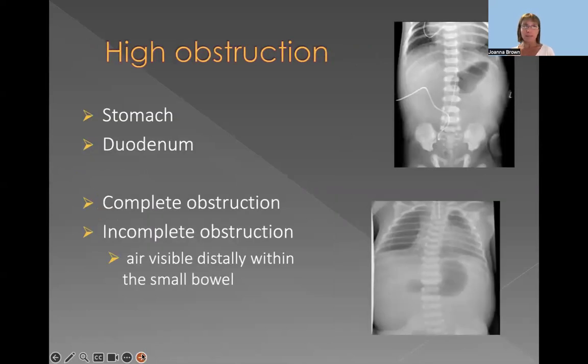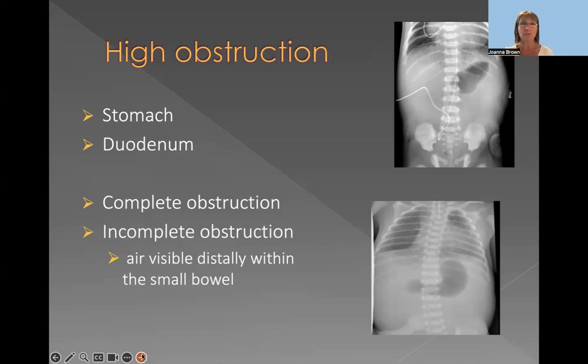So when we talk about the high obstruction, of course, the highest obstruction will be the esophageal obstruction, but very often this is a clinical diagnosis and we won't be able to see it on the X-ray. With an abdominal X-ray, we can see the abnormality if we have a high obstruction located within the stomach or within the duodenum.